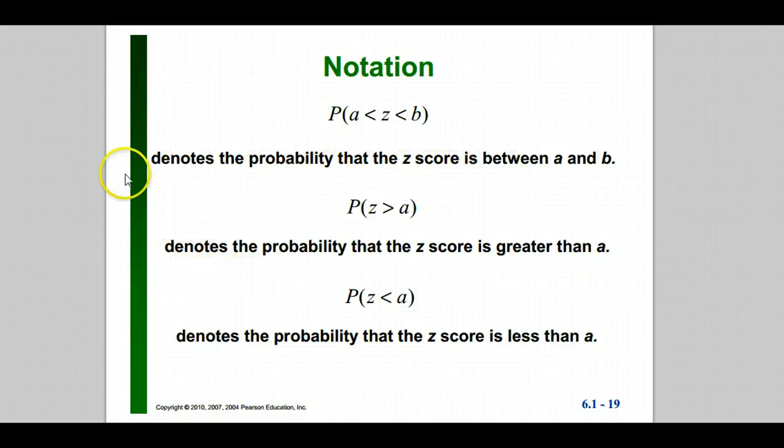Anyway, that's the probability a z-score is between these two numbers. This is the probability the z-score is bigger than that number, and that's the probability the z-score is less than that number. This is what the table gives you. If you have a problem like this, you just look at the table and write down the exact number. These two you have to modify a little bit. You have to subtract from one, and then you have to find the lower and upper and subtract for that one.